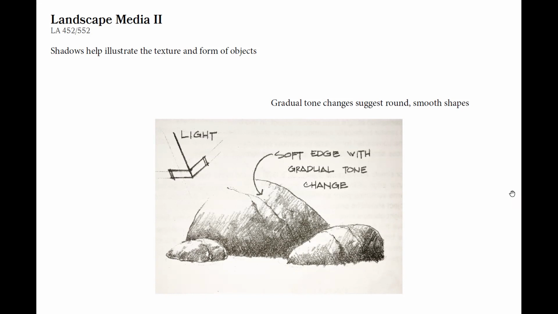Also notice how the illustrator used bouncing light and avoided having a cast shadow to help create some contrast between the rocks in the foreground, in front of the bigger rock in the back. So we can use shadows as a way to create contrast and also suggest textures and shapes.